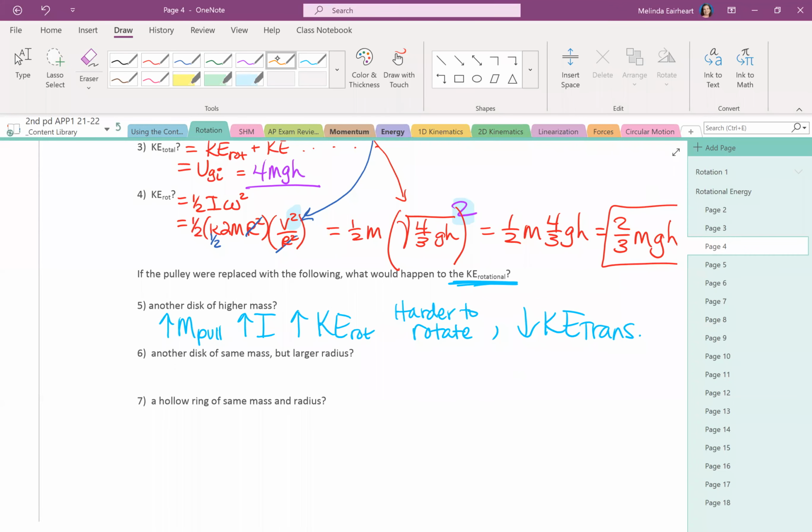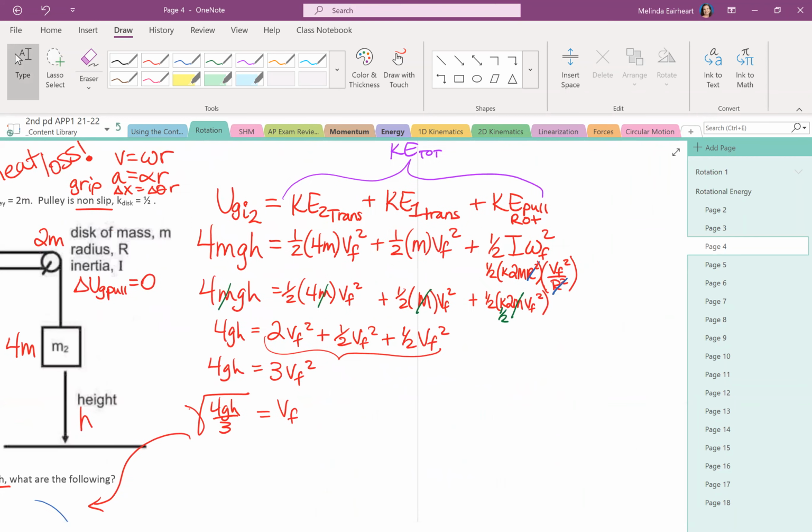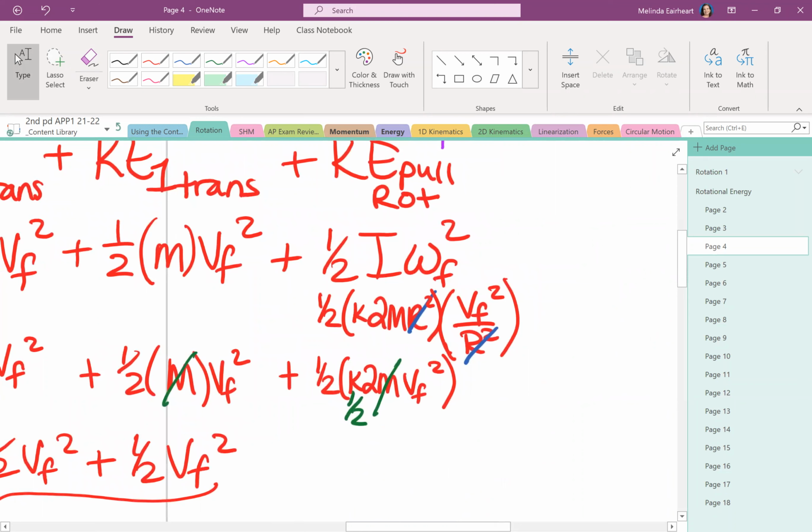Okay, what if we used another disc, same original mass, but now it has a larger radius? Still assuming non-slip. They're just asking what happens to the rotational kinetic energy. Yeah, it cancels. It doesn't change.